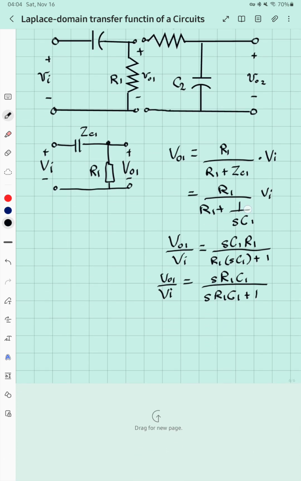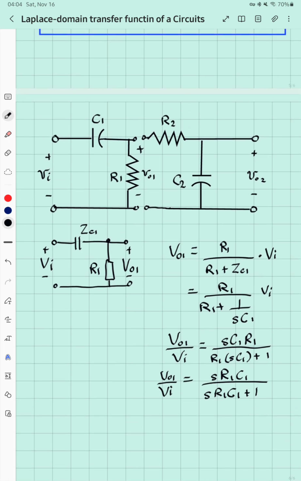And then what about the second portion? In the second portion, we have R2, and we have ZC2, and that happens to be our V out 2.